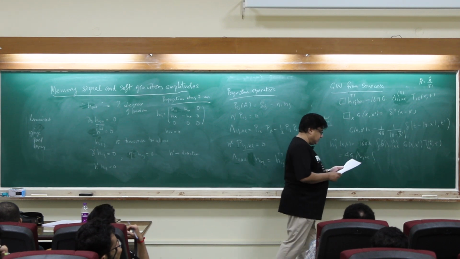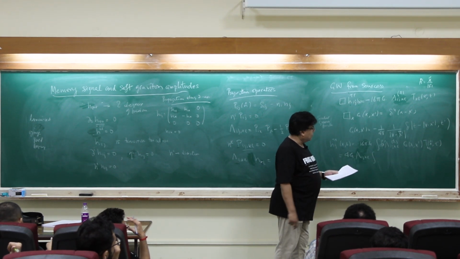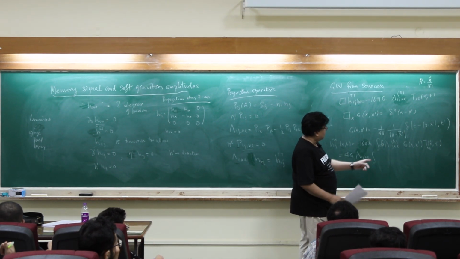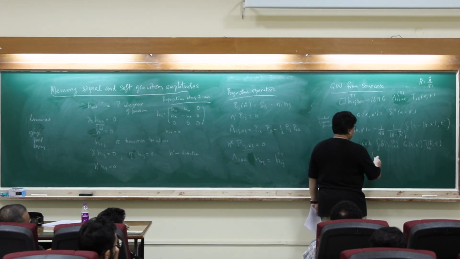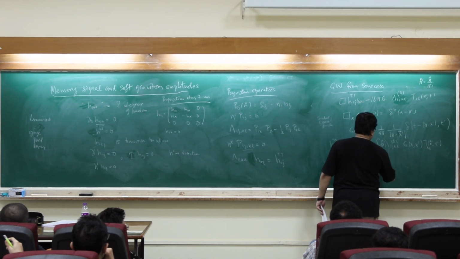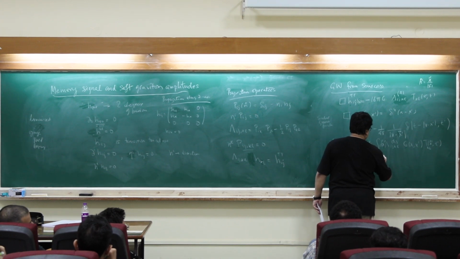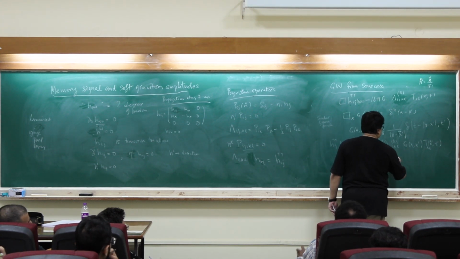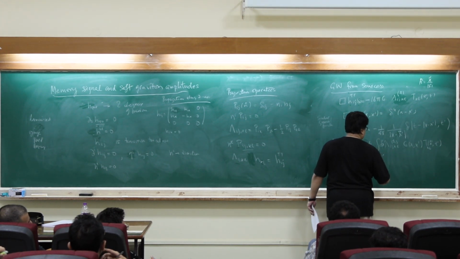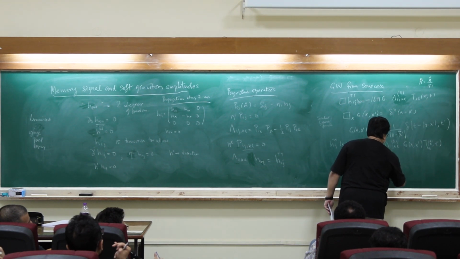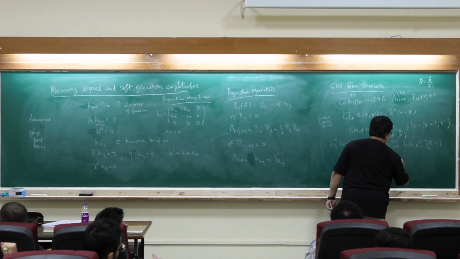First you can do the integration over this t prime. So this is d^3 x prime, and this Green's function will give you 1 upon |x minus x prime|.